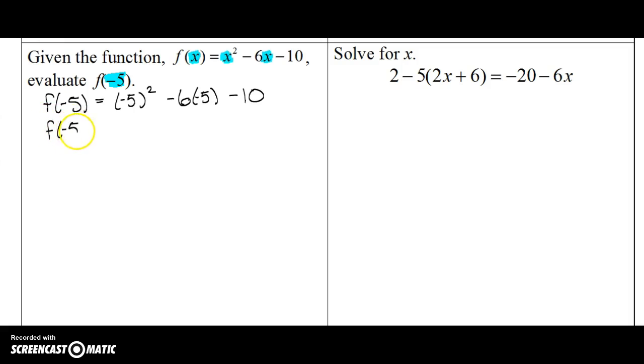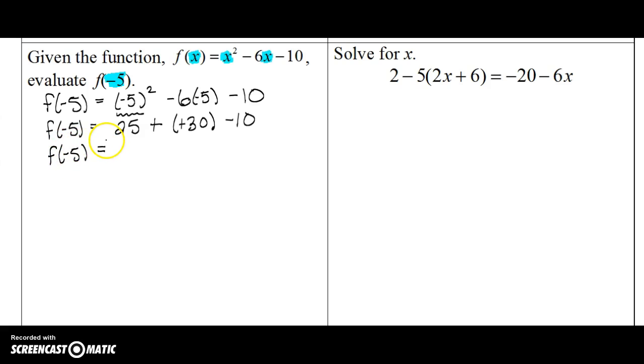Order of operations, there are no true grouping symbols, so I look for exponents. Negative 5 squared is 25, minus 6 times negative 5 is negative 30. Feel free to change your subtraction to add the opposite.